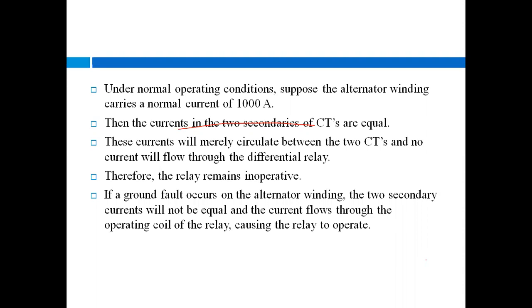If there is a normal working condition, the current flowing through the operating coil is equal to 0 ampere.